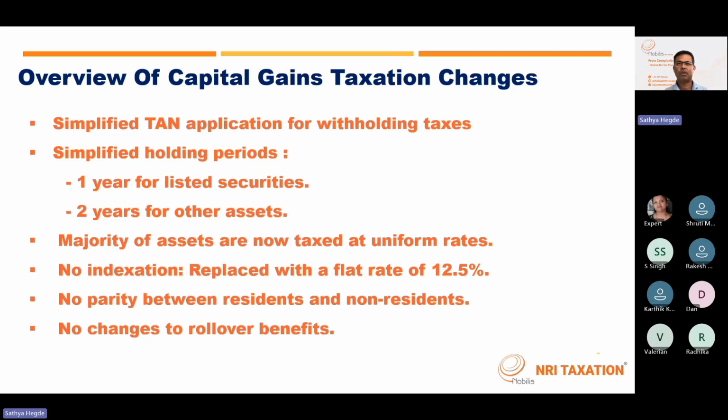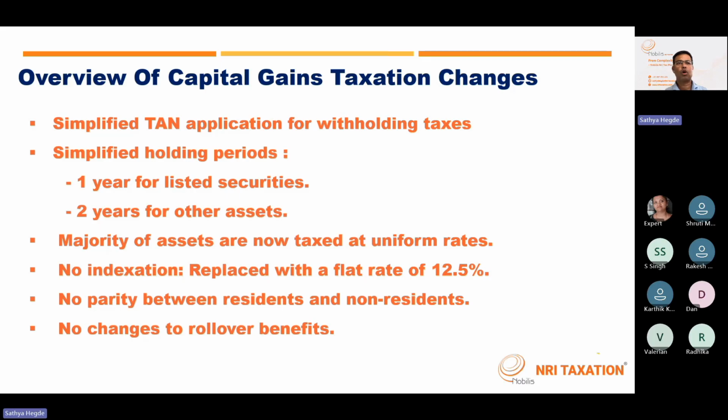People wrongly assume that it's 1%, because many of the lawyers also don't understand that 1% belongs to residents and 12.5% belongs to non-residents. I want to make another comment about the lower withholding of tax, which I'm going to cover in the next slide.